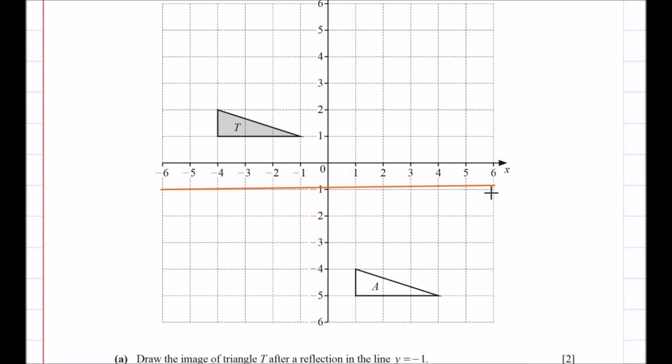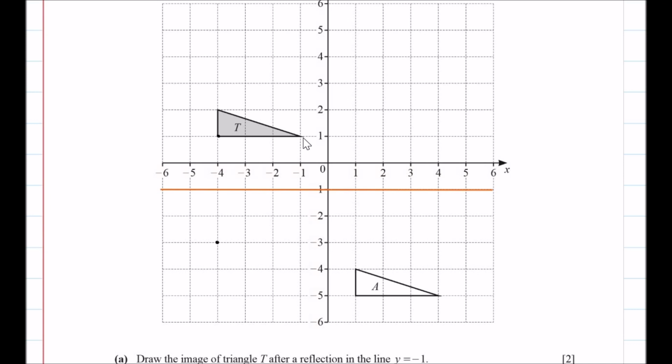And we have to reflect it. So you see how many boxes it is up, how many units. So 1, 2. This is 2 units. So we need to come down 2 units.